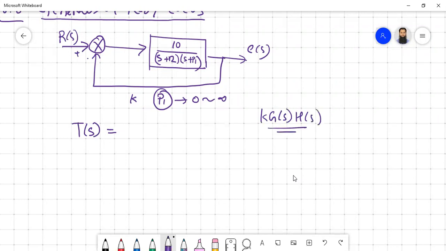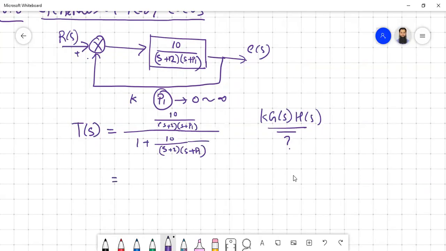Eventually, this is the format that we have to look for. So if I figure out the closed loop transfer function, it is 10 divided by s plus 2, s plus p1, divided by 1 plus KG(s)H(s). So 10, s plus 2, s plus p1.